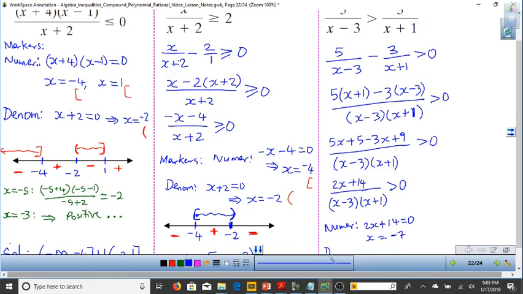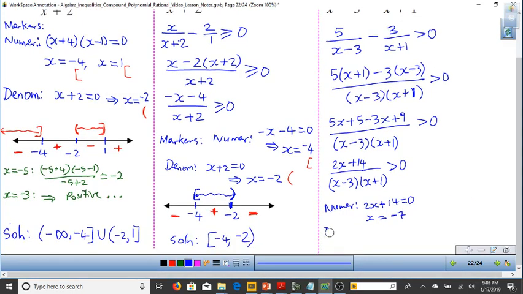And for my denominator markers, I have x minus 3 times x plus 1 equal to 0. So x is equal to 3 or x is equal to -1. Now, all the markers here are parentheses because there's no equal bars.